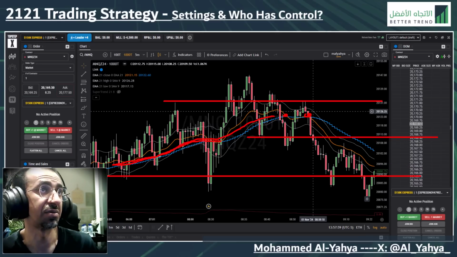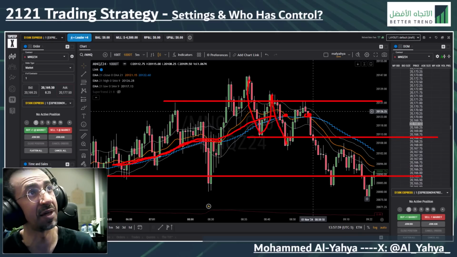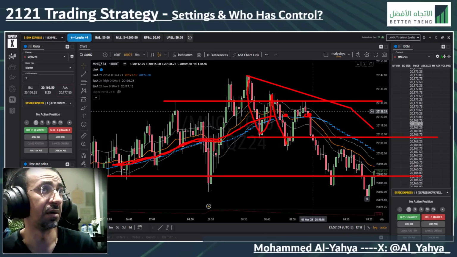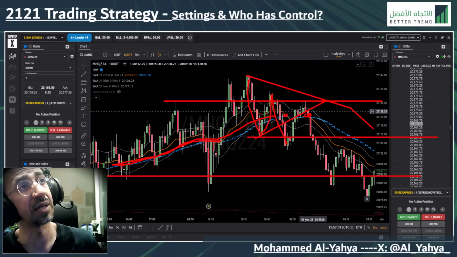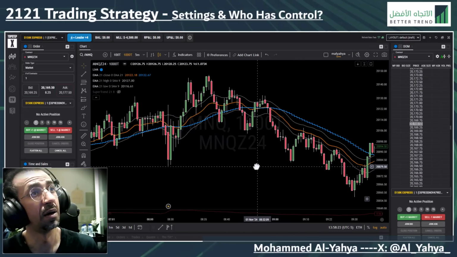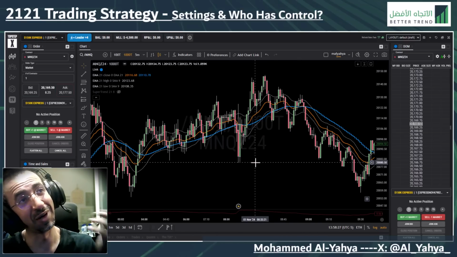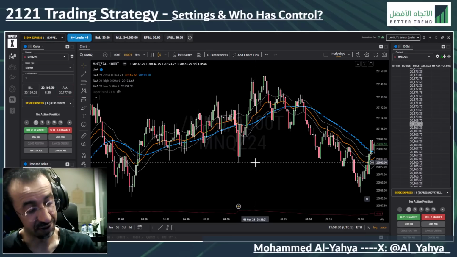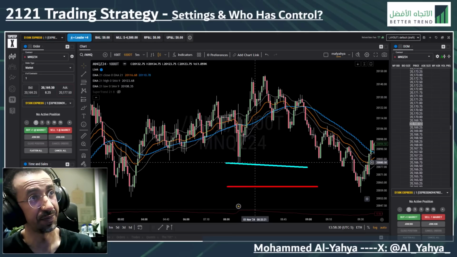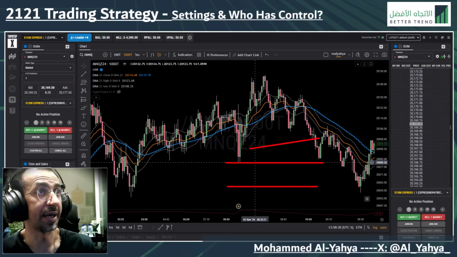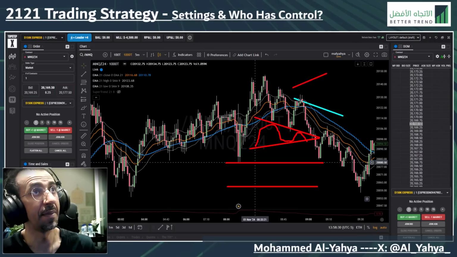There is a range. Sometimes the range could be just a rectangle. Sometimes it is a triangle. Sometimes it is Doritos or whatever. So the range could be just a range, could be a triangle, the market moving like this, could be a megaphone.